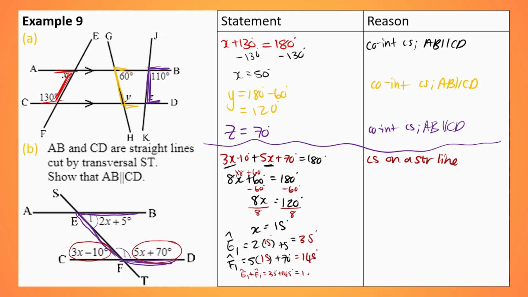And that gives us 180. So therefore, AB and CD are parallel to one another because the co-interior angles are supplementary. And we're done.